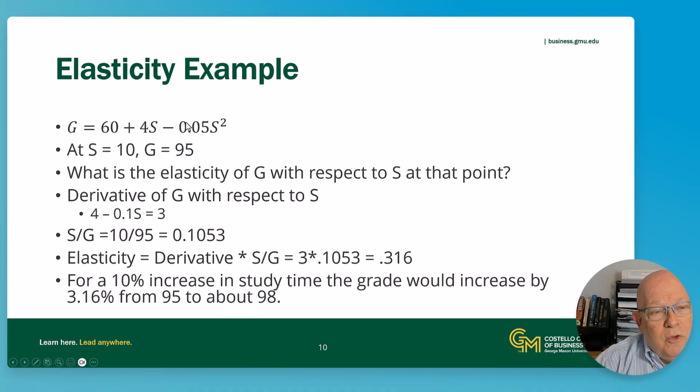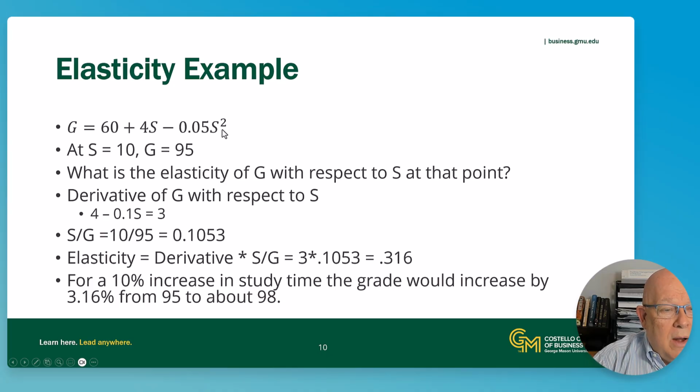So we want to know at this particular point, what is the derivative of G with respect to S? So recall from a derivative, when we take the derivative of this formula, the coefficient just drops out because it's not affected by a change in S. It's 60 regardless. The 4S, when we take the derivative, the S simply drops off, so we have a 4.